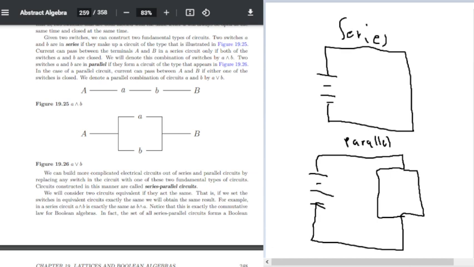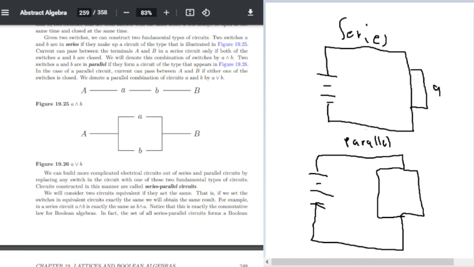Anyways. If they form a circuit that appears in figure 19.26. In the case of a parallel circuit, current can pass between A and B if either one of the switches is closed. We denote the parallel combination of circuits A and B by A join B. So if we have switches A and B, and we have them in series, let's say this section is a switch.